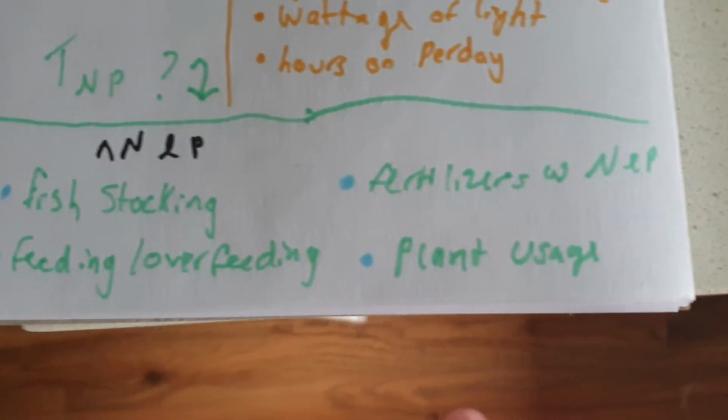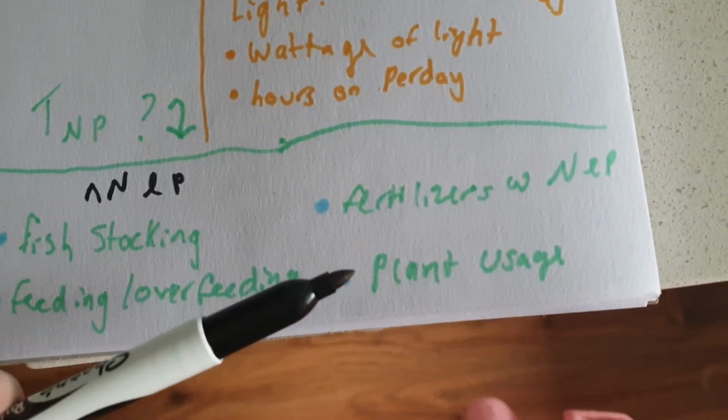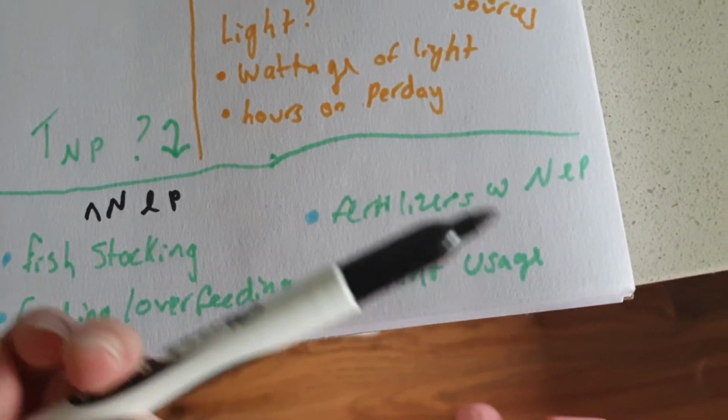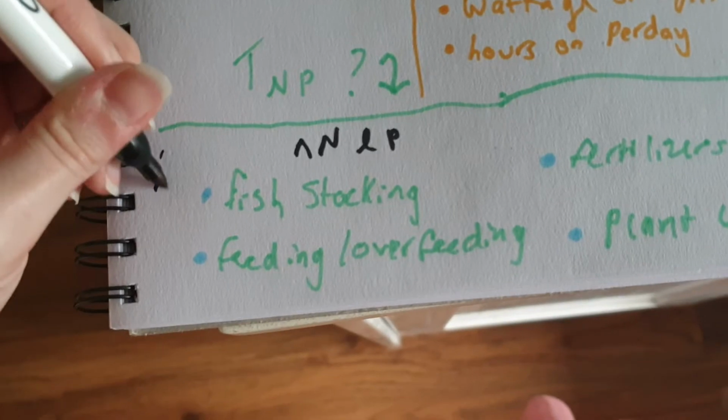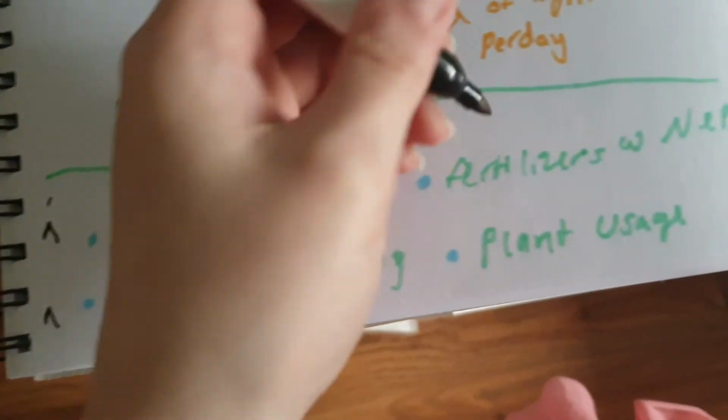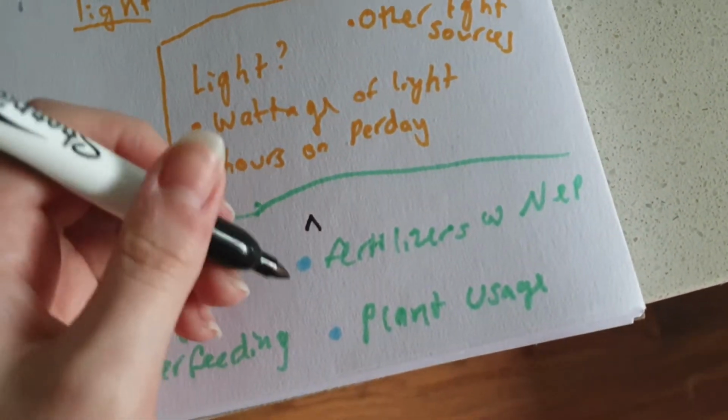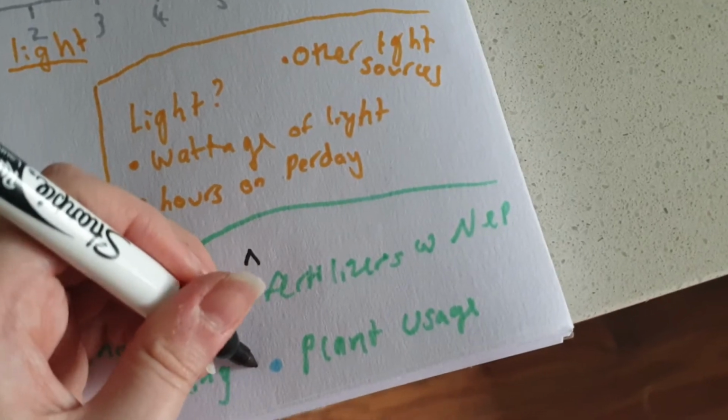And then plant usage is also going to lower the nitrate and phosphate levels. So all these things here increase the levels, and plant usage decreases it.